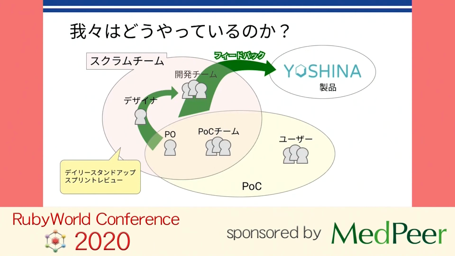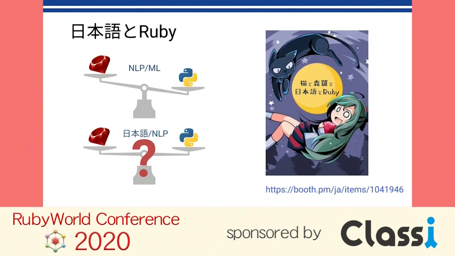So a weekly sprint review is performed, and the feedback from this review is used to improve the product, reviewed by designers and the product team, and more discussions are made. So that's a cycle. And the cycle has to be rotated quickly. That's very important.